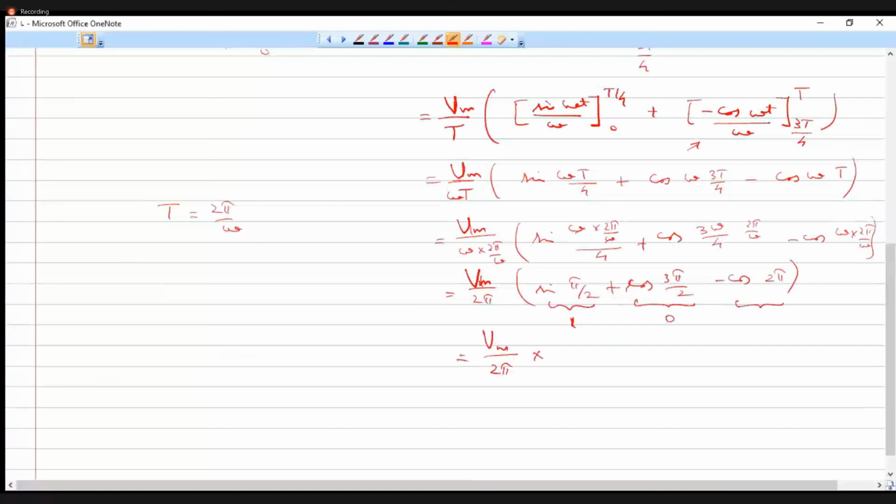What is cos 2 pi? Cos 2 pi is cos 0, which is equal to 1. So you are getting 1 minus 1, which is equal to 0. Somewhere we have made some mistake. Where did we make the mistake?